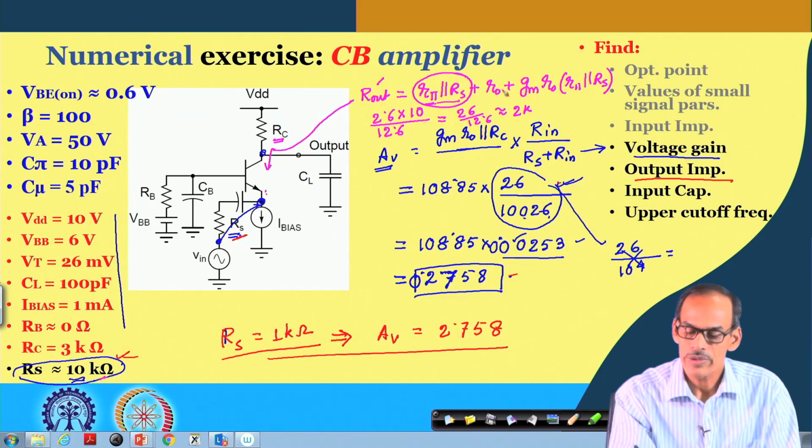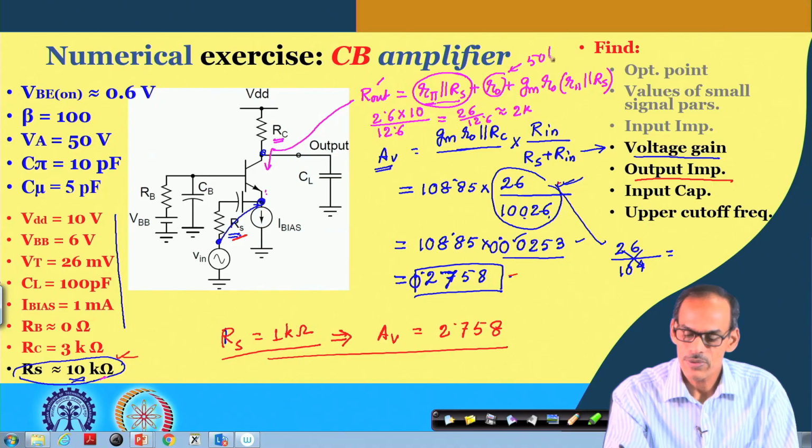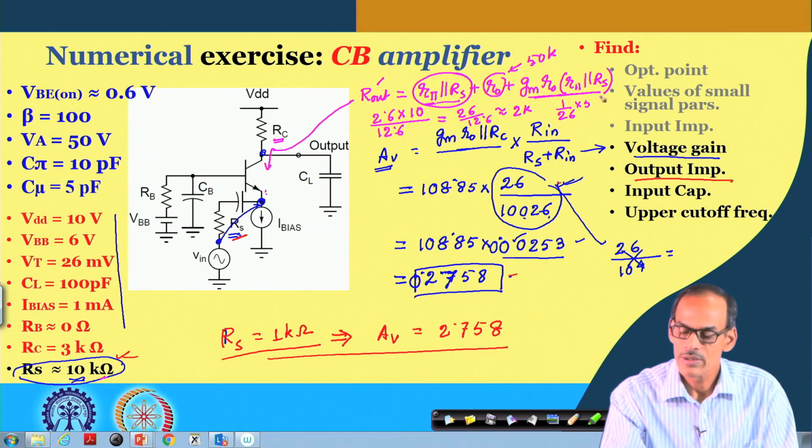And now, if I consider R naught, which you may recall is 50 K, and this part is quite big, and G m, which is 1 by 26, and then we do have 50 K, and then we do have roughly 2 K. Okay.